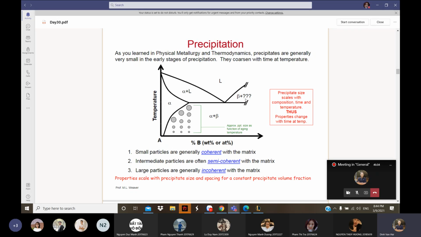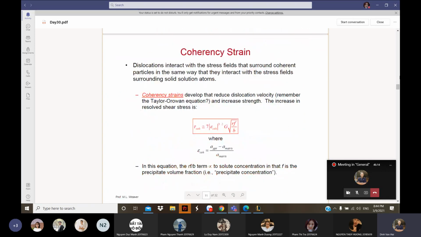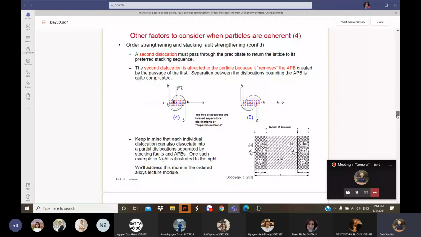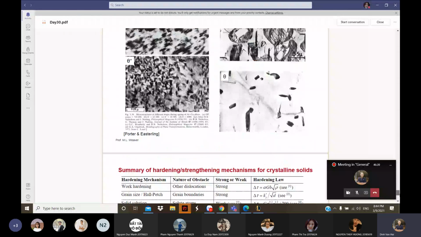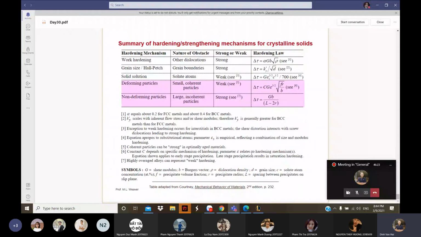So for the summary of hardening and strengthening mechanisms for crystalline solids, you can see the table in the last slide. We have work hardening and grain size, solid solution, deforming particles, non-deforming particles, and we also have the nature of obstacles, strong or weak, and the hardening law.